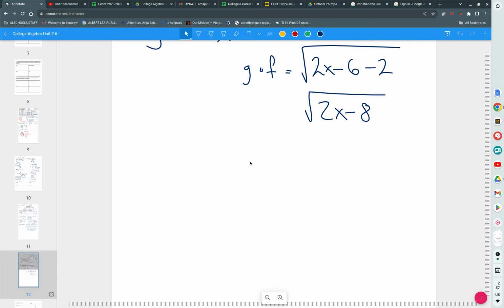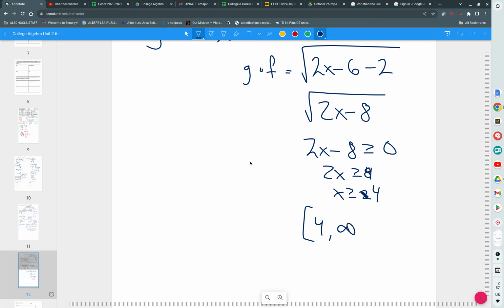What do we have to do to find that domain? Set it greater than or equal to 0. As we solve, 2x is greater than or equal to 8, so x is greater than or equal to 4. So our domain is from 4 to infinity.